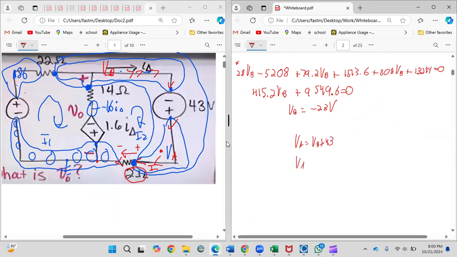So VA would equal negative 23 plus 43, which is 20, no problem. So 20.